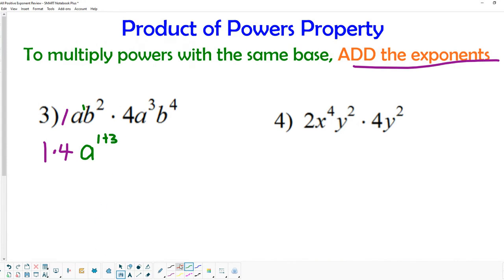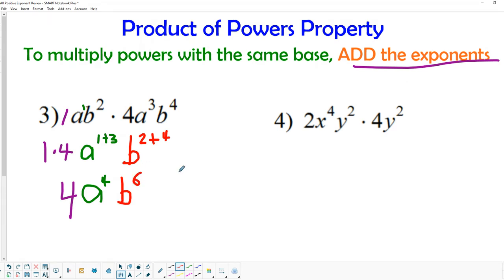And then for our b's, we have b to the 2nd power plus 4. And then 1 times 4 is 4. 1 plus 3 is 4, so we have a to the 4th power. And then 2 plus 4 is 6, so on our b we have an exponent of 6.